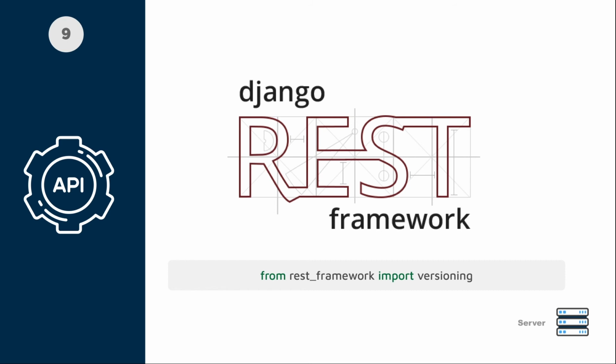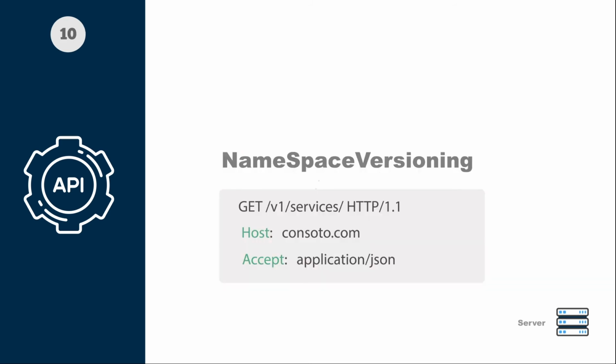So for this tutorial, we'll be talking about the namespace versioning, and every time we see the concept of namespace, we think of a set of objects or elements that are grouped under a uniquely identified name. So the namespace versioning scheme applies when you version your REST endpoint or your URL in the REST API using the concept of URL namespace.